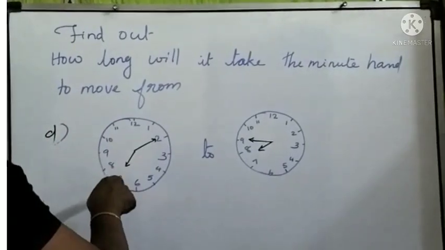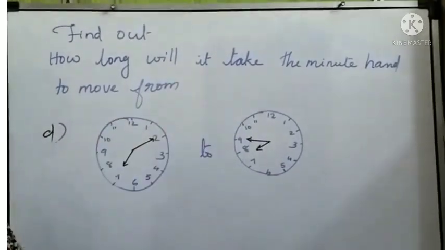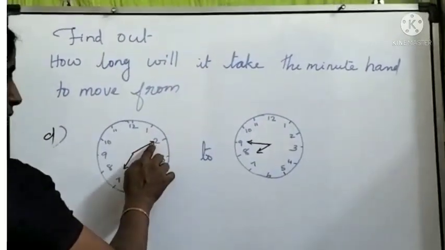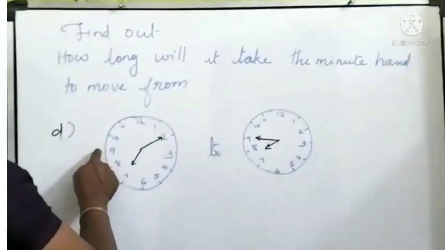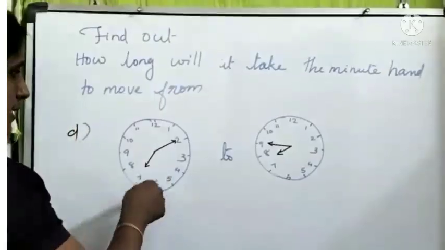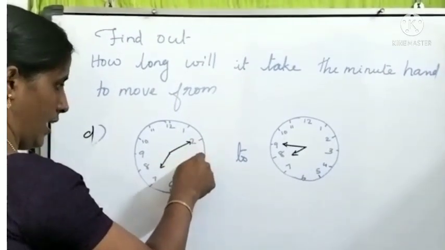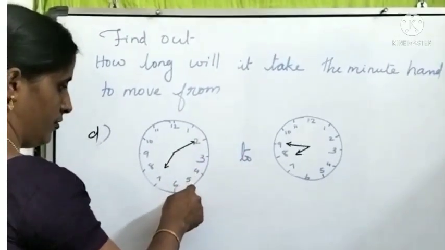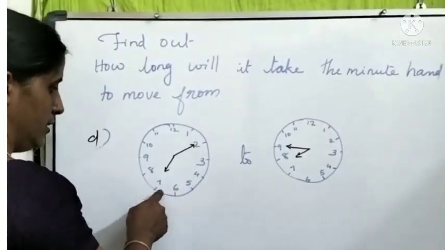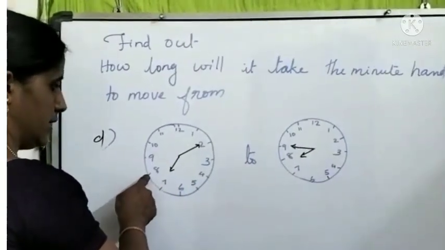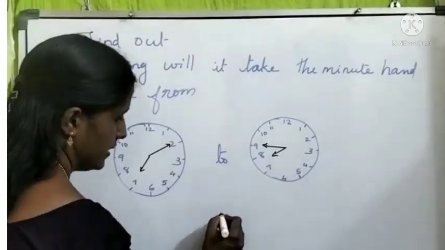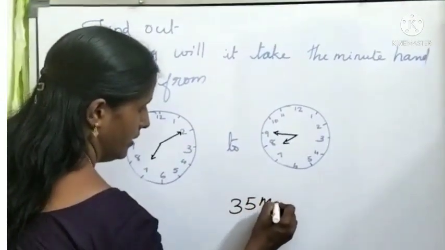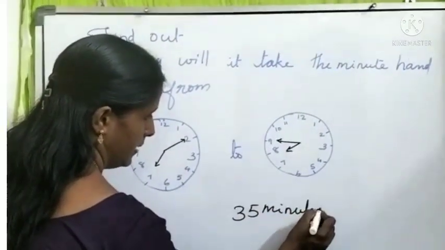We need to find the time from 7:10 to 7:45. So 7:10 is placed on 2 and 7:45 on 9. How many minutes are there? Here 5, 10, 15, 20, 25, 30, 35. So the time is 35 minutes.